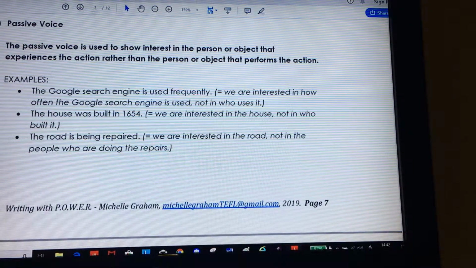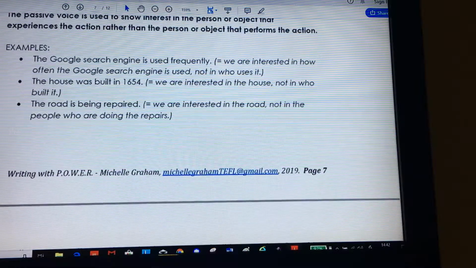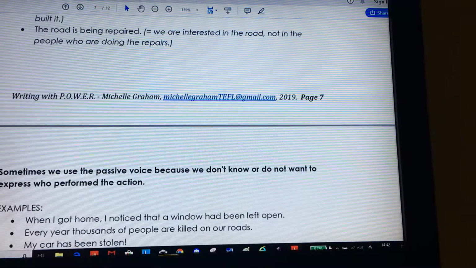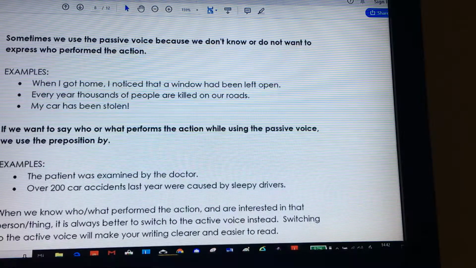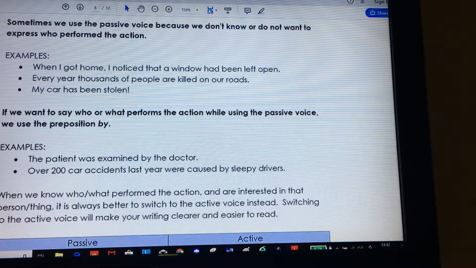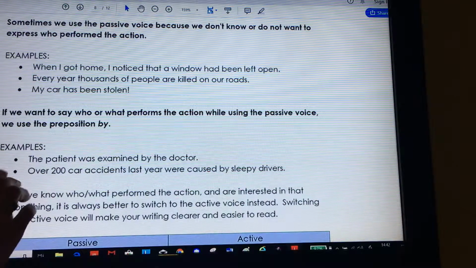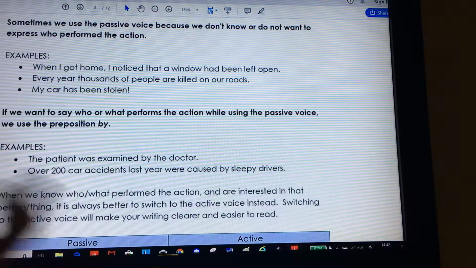So my recommendation when it comes to passive voice is that if you can change it to active voice, that is a better way to do it. So here are some examples where I'm listing both the object that the action is happening to and the subject.